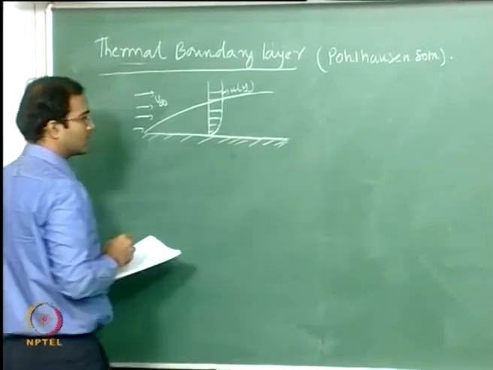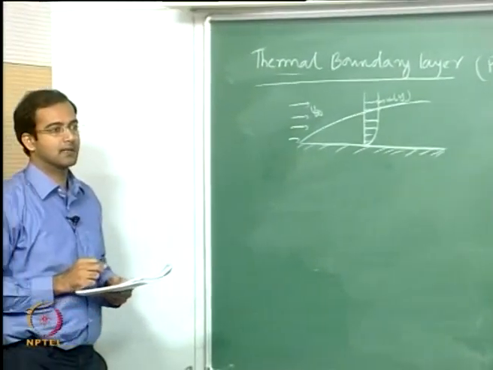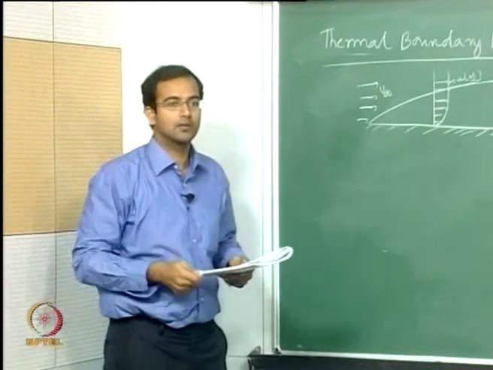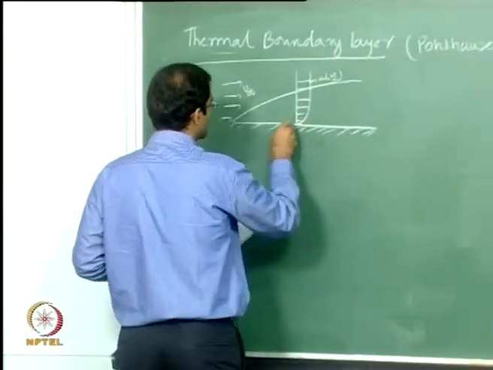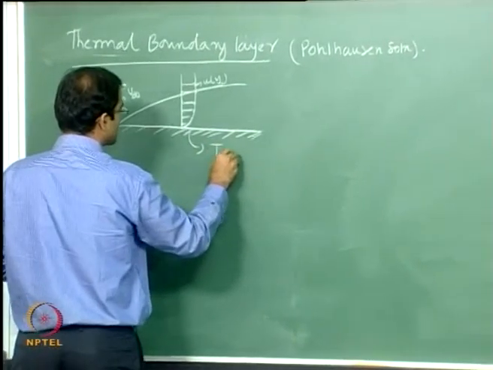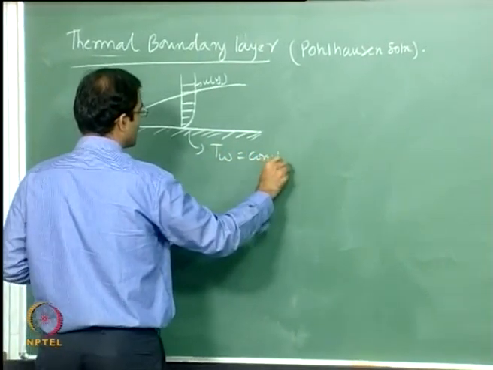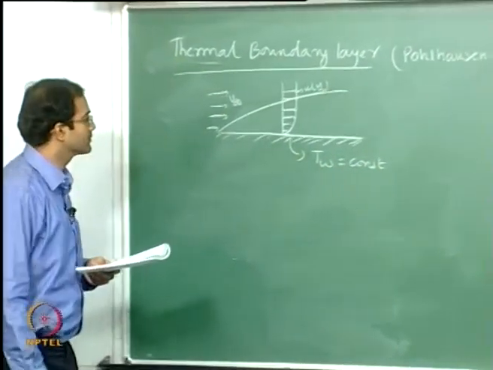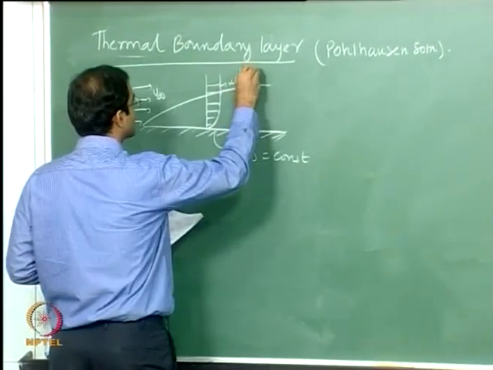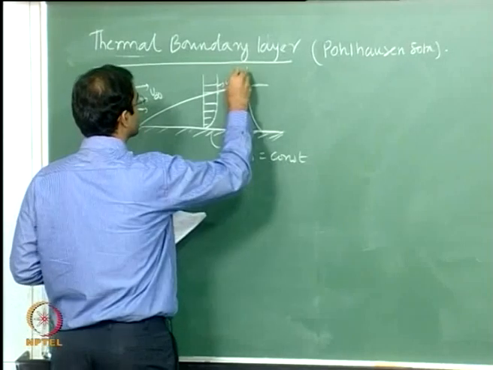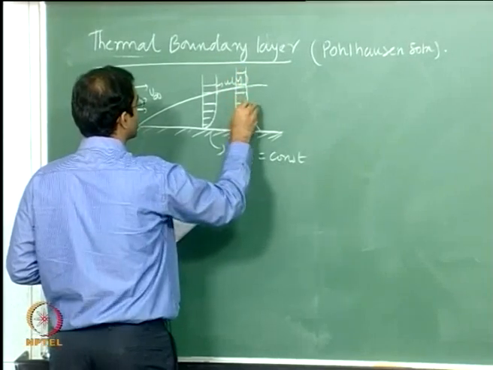You can also do a case with constant heat flux. I am not going to do it now, but there is also a similarity solution possible for that case. I will leave that as an exercise to you. So what Polhausen did was he took the wall temperature to be uniform, and then he was interested in calculating the solution for the temperature profile.